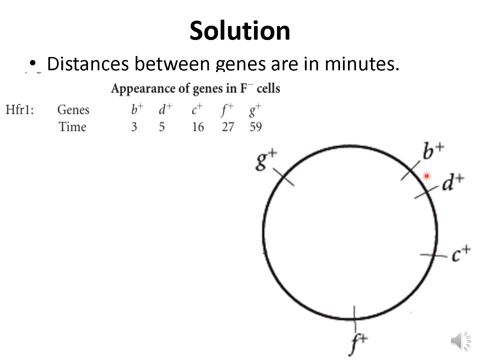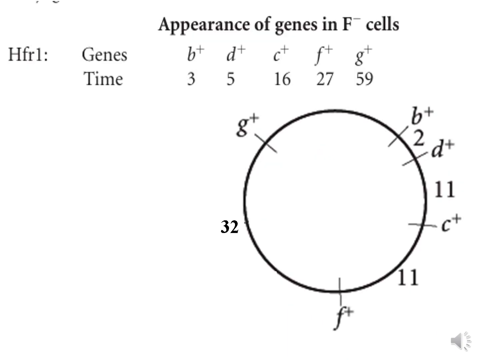Then the next gene is C, which appeared at 16 minutes, which is followed by F, which appeared at 27 minutes, and the last one is G, which appeared at 59 minutes. Right now, I'm talking about the genes whose data is shown for HFR1. There was another gene E, but it is not shown here for the HFR1 data.